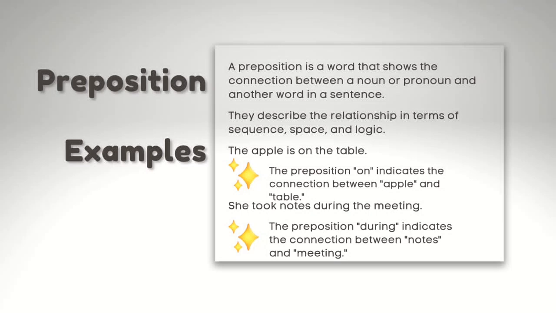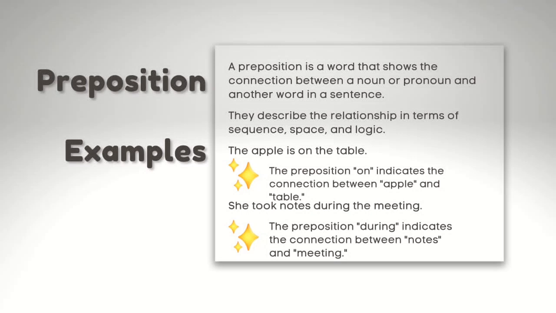Another example sentence is: She took notes during the meeting. That is to say that it was while the meeting was going on that she took the notes. We have the nouns notes and meeting. What is the relationship between notes and meeting in this sentence?